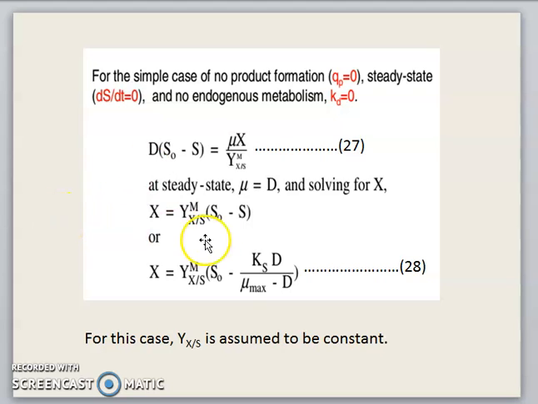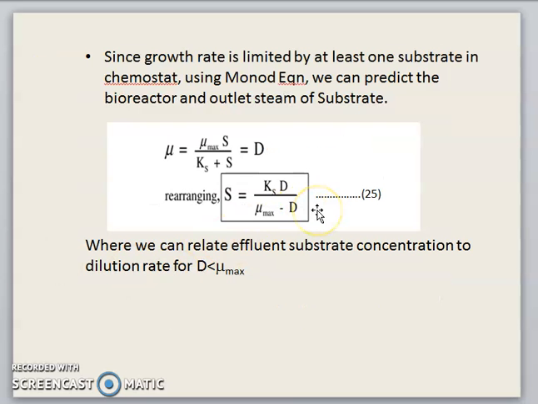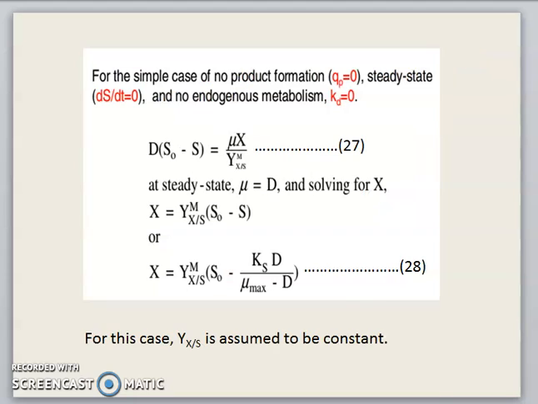At steady state, D is equivalent to mu, and by solving for x you will have x equals Y m xs (S0 minus S), or you can substitute the terms of S from the previous slide, then you will get equation number 28.